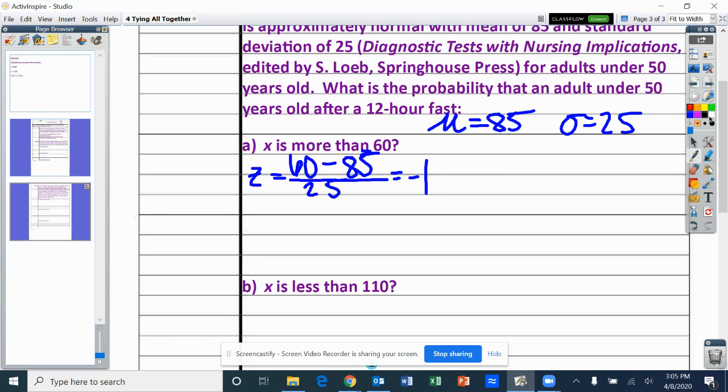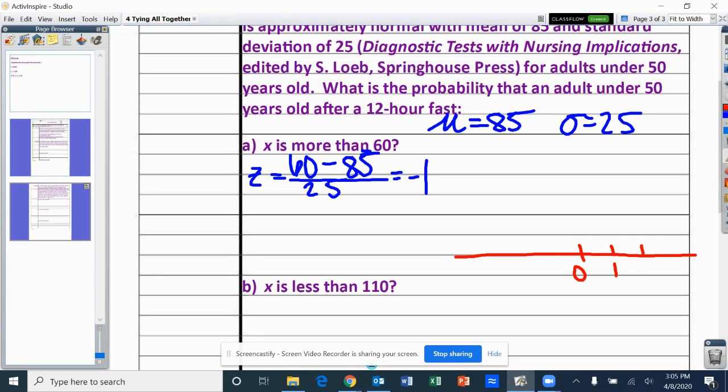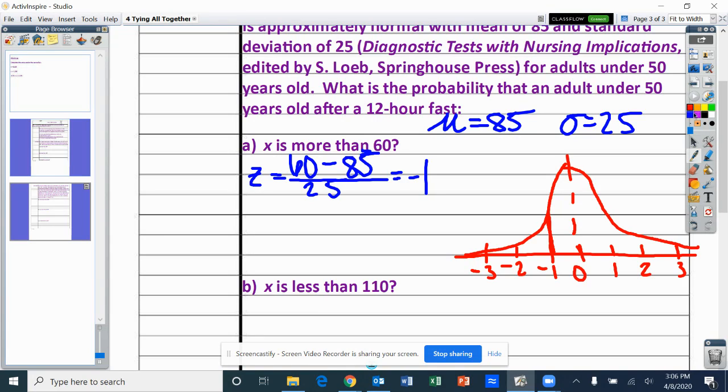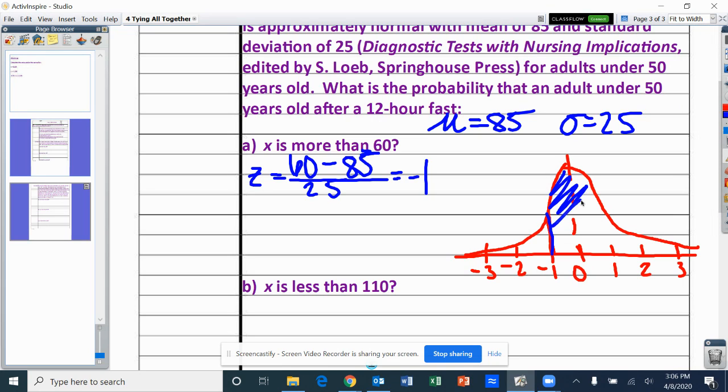So we transfer this information over to our graph, draw the horizontal axis. 0 is the mean, it goes right in the middle. You can draw a vertical line through your mean and then the bell shape. And then mark where z equals -1. And so for us, because we want X to be more than 60, we want to shade the area that's to the right.